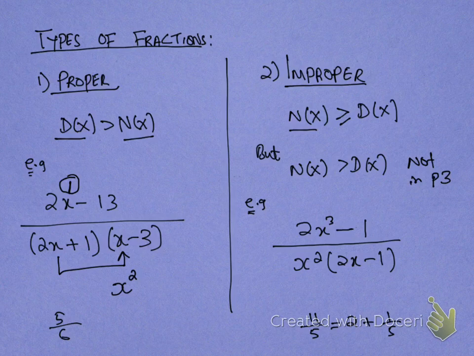In next example 2x cube minus 1 over x square 2x minus 1, the highest power of the variable in denominator is 3, x cube, and the highest power of the variable in the numerator is also 3. Since the powers are same both in numerator and denominator, therefore this fraction is an improper fraction.